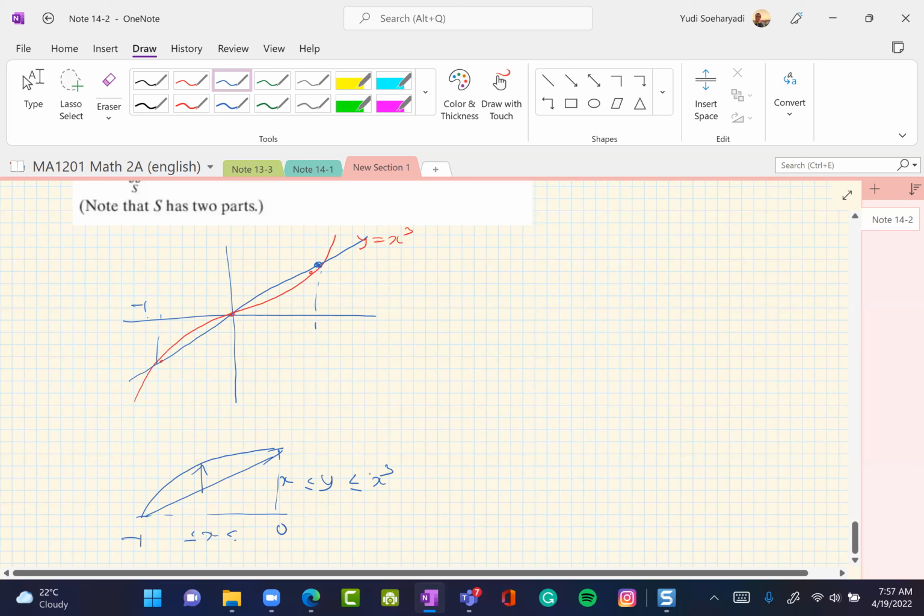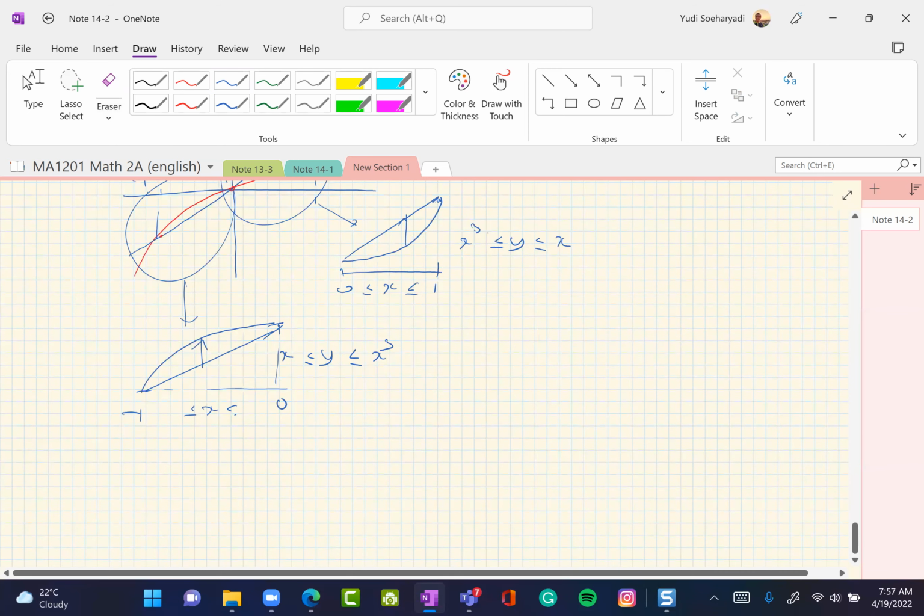In this other part, x is between 0 and 1, and y moves from the cube x cubed to x.